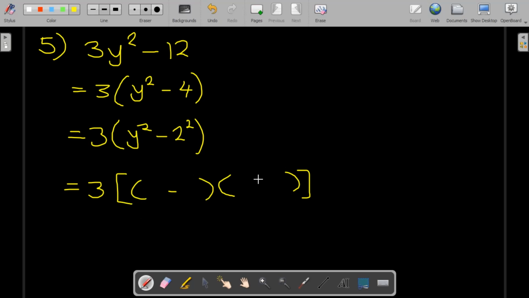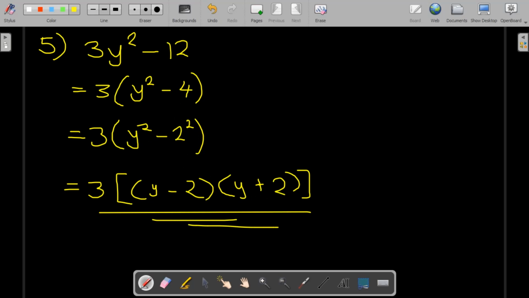This is minus, that is positive. So y squared is the same as y times y, and 2 squared is the same as 2 times 2. It's 4. So that is the final answer for that one.